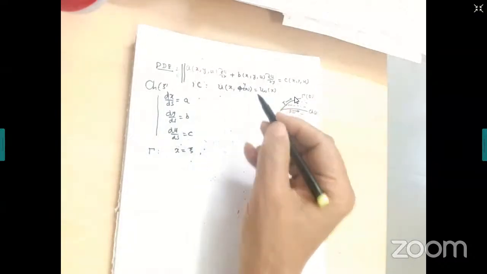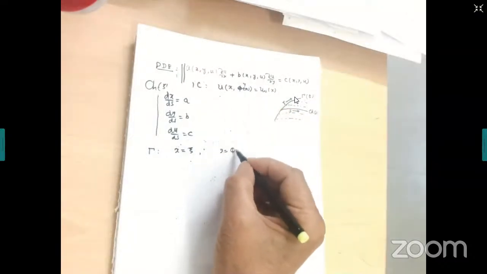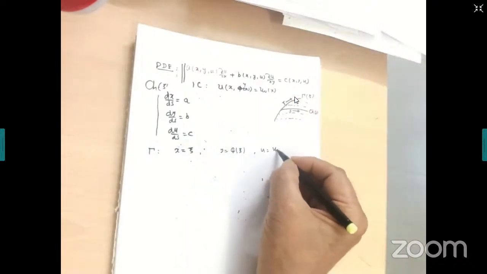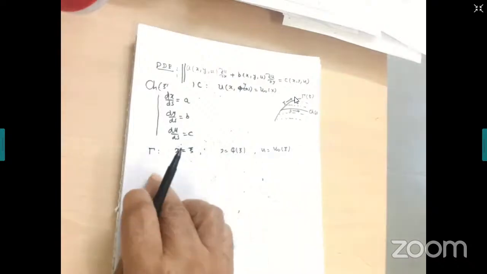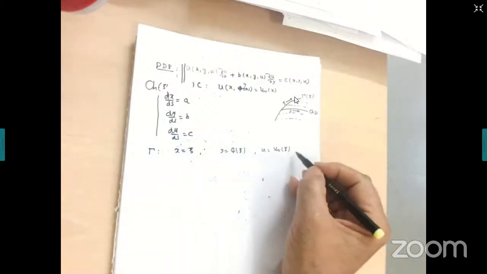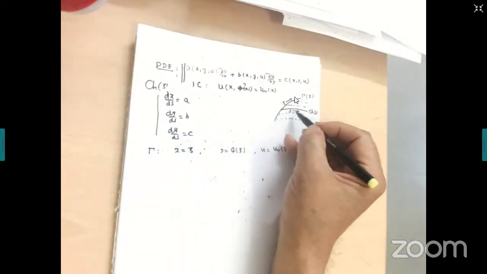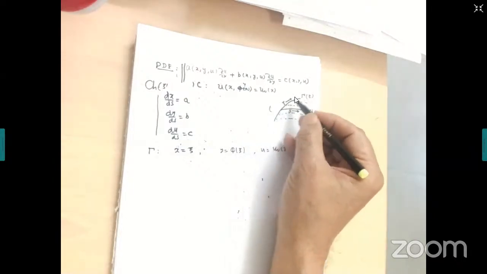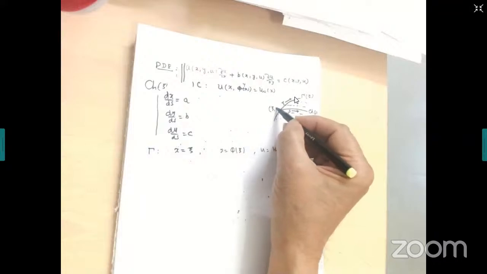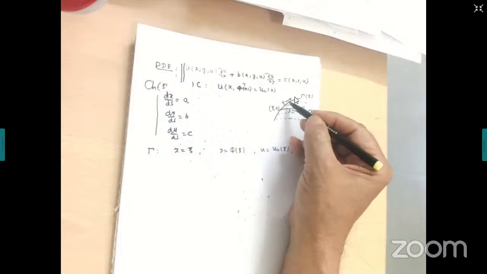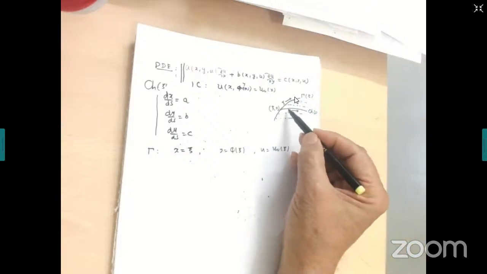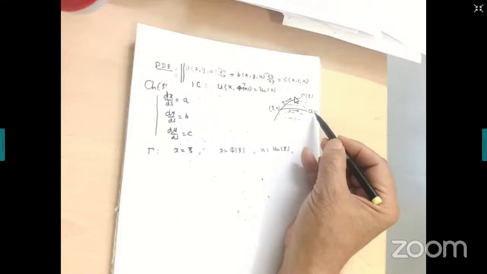So y is nothing but φ(ξ), and u is nothing but u₀(ξ). So this is the characteristic curve, and I take this characteristic curve emanating from this point, let me call this ξ₀. It is in the ξ-s plane. ξ is the parameter along this Γ, and s is the parameter along this characteristic curve.